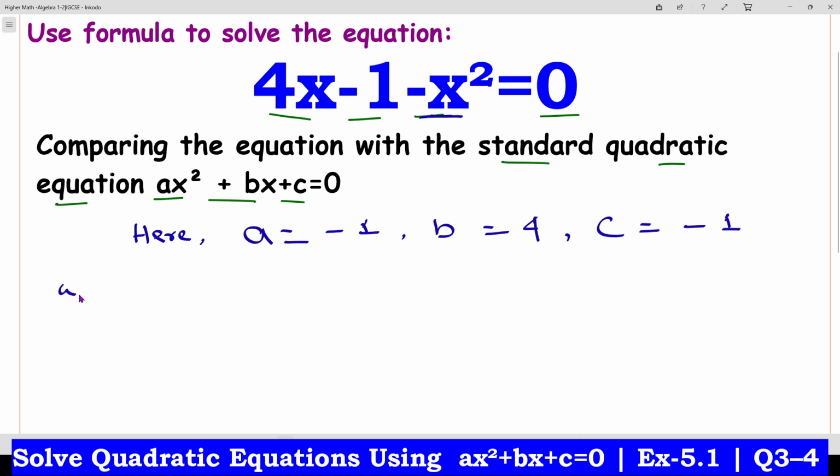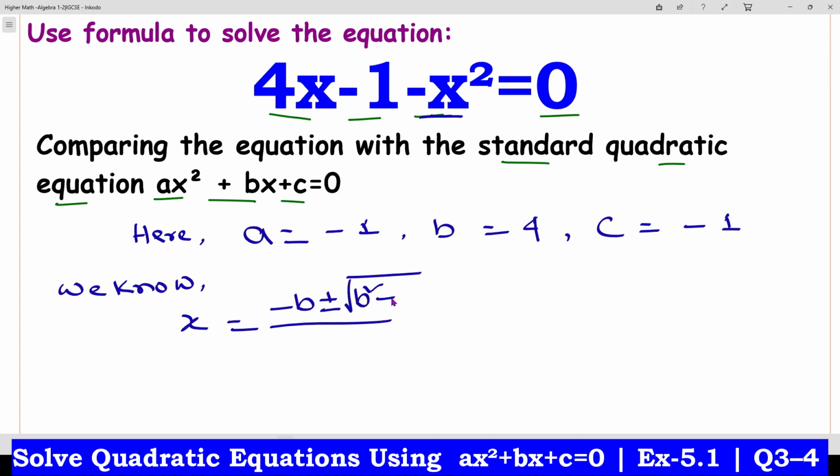We know as per the standard quadratic equation formula, x equals minus b plus minus root over b square minus 4ac, divided by 2a.